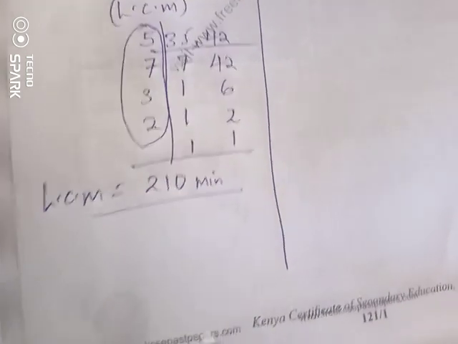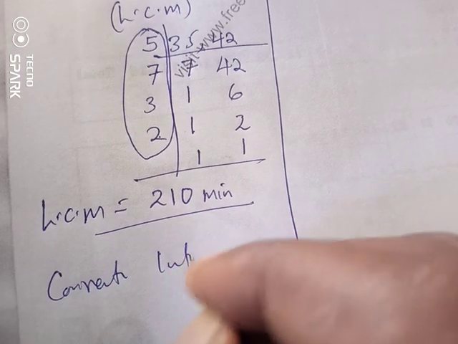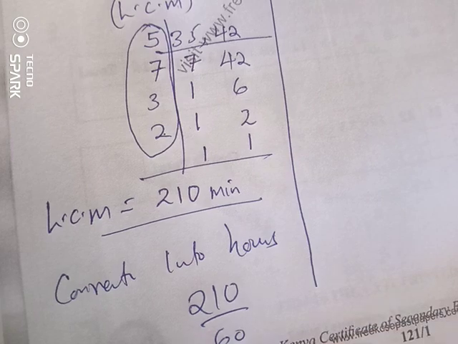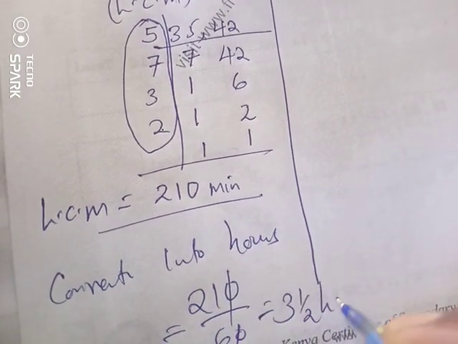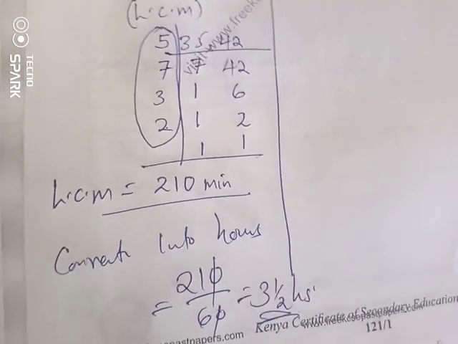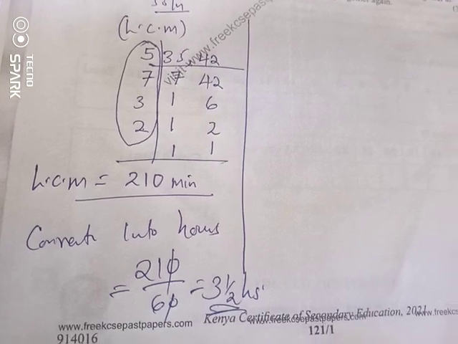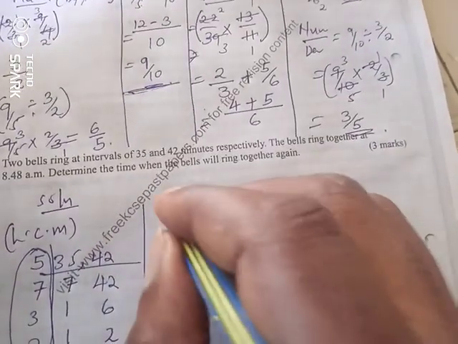How many hours are they? So converting into hours, what do we get? We divide by 60. So we find these are exactly 3.5 hours. So they will ring together again after 3.5 good hours. So what time will it be?